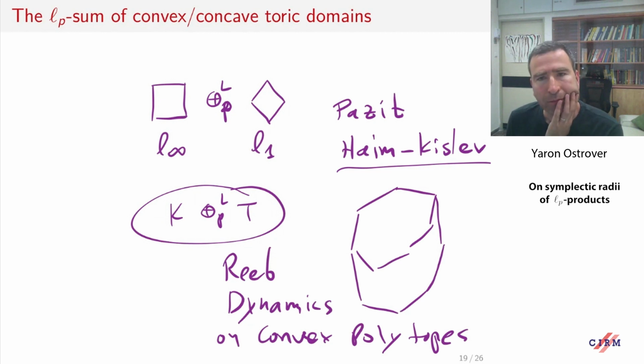I was wondering how your story today connects to the story of K area yesterday. Of course, say it's convex with smooth boundary, you are kind of considering the unit cotangent bundle of that object. I'm not sure exactly what the metric is.